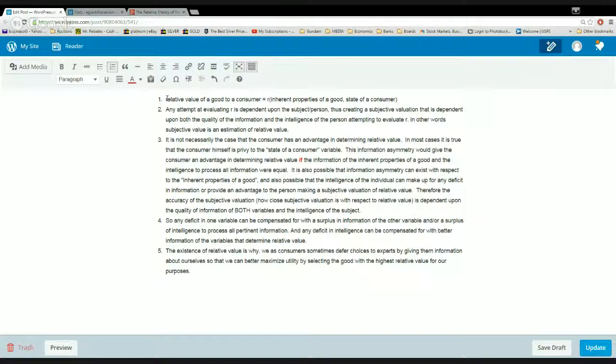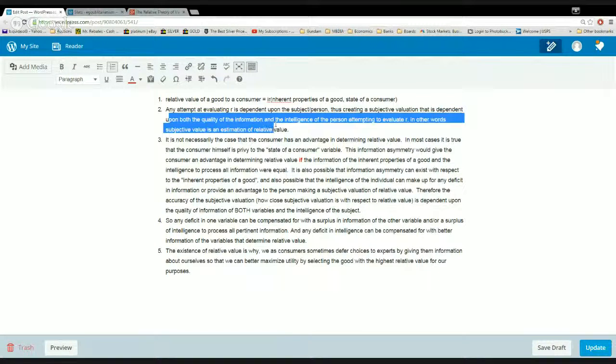Okay, so again, relative value of a good to a consumer is the R function. It depends upon the inherent properties of a good and the state of a consumer. Any attempt at evaluating the relative value of a good is dependent upon the subject or person, thus creating a subjective valuation that is dependent upon both the quality of information and the intelligence of the person attempting to evaluate the relative value of a good.